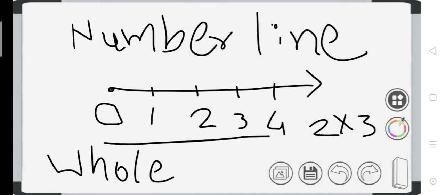Clear? We'll see later how we can do addition, subtraction and multiplication on the number line. But right now you just need to keep in mind that whole numbers can be indicated on the number line. Clear? You can also show the distance between two whole numbers.